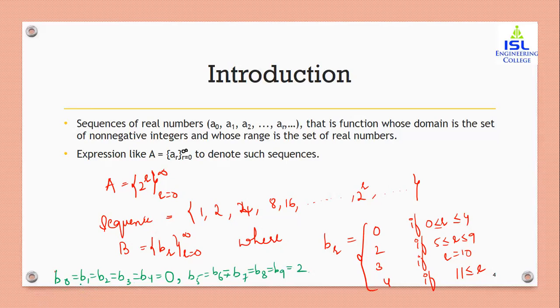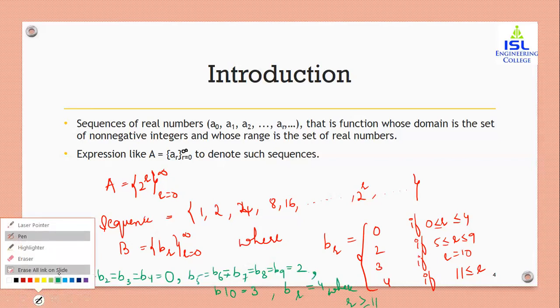They are all equal to 2. After that, we have b10. b10 is equal to 3. And after that, br for all r greater than 11, br is equal to 4 where r is greater than or equal to 11.